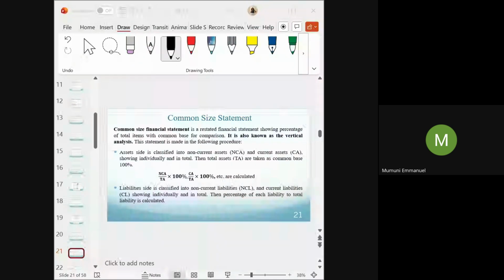If we run the sales to 100%, we compare all the activities within the year to the sales. If you are using the statement of financial position, you look at a common factor in the statement of financial position, and you use that as a base.